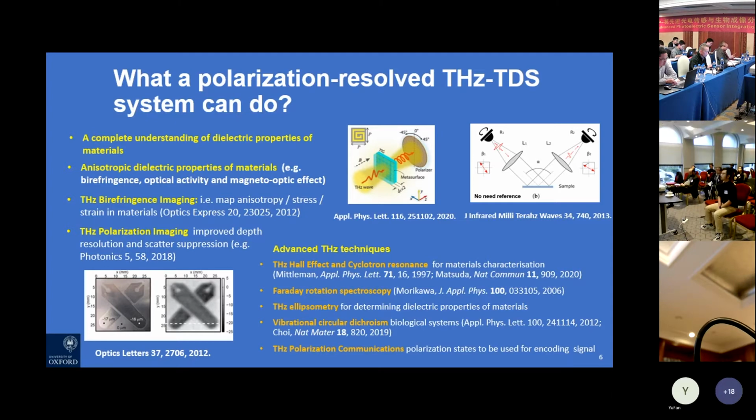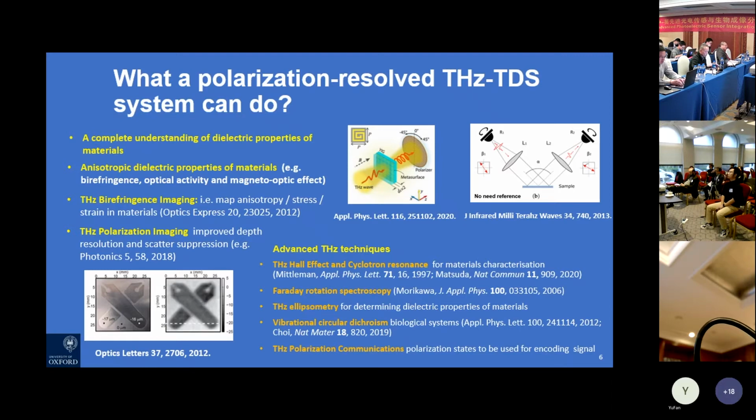And sometimes the anisotropic properties of materials are very sensitive to their surrounding environment, for example, the strain surrounding the sample. So by analyzing the anisotropic properties of the material, we can even do environment analysis.